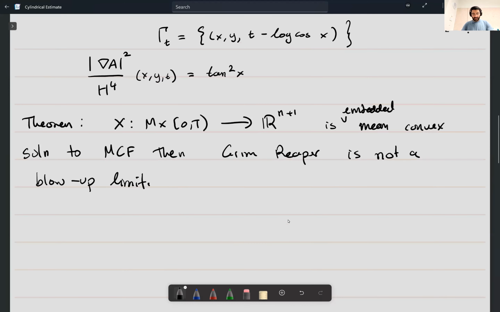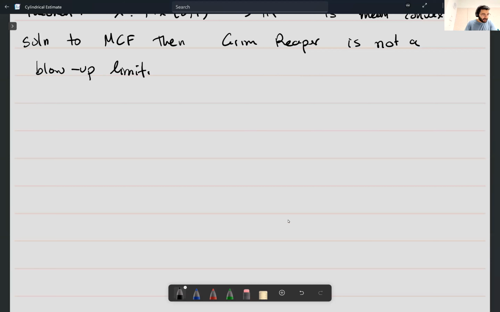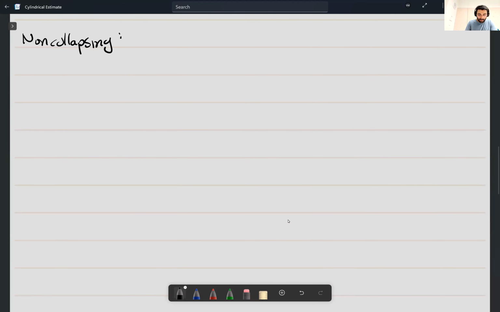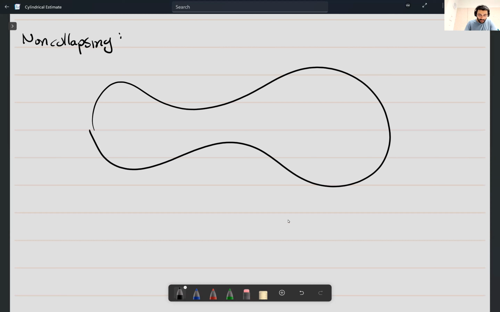The point is that, let's take some kind of surface like this. Let's say take this point x here.